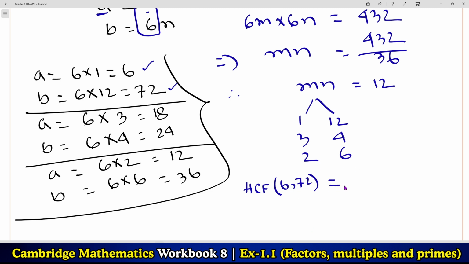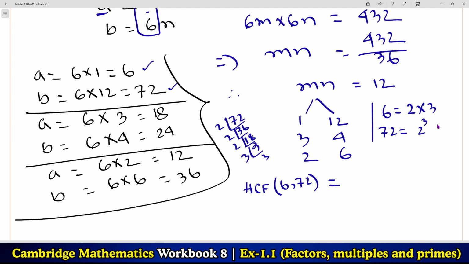Now we have to check the HCF of the two numbers, 6 and 72. If we find the HCF, 6 equals 2 times 3 by prime factorization. And 72 we can divide by 2: 36, divided by 2 is 18, divided by 2 is 9, then 3 and 3. It means 2 cube times 3 square.